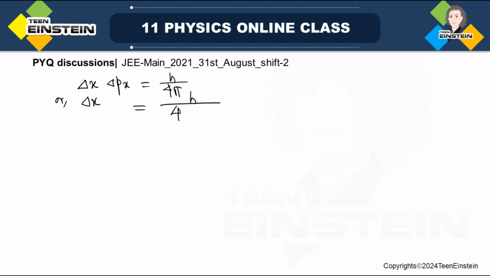That is h by 4 pi into delta px. Okay, so I can write this as h by 4 pi m into delta vx, velocity. Can you write or not? Yeah, we can write. So look, this term is constant anyway.